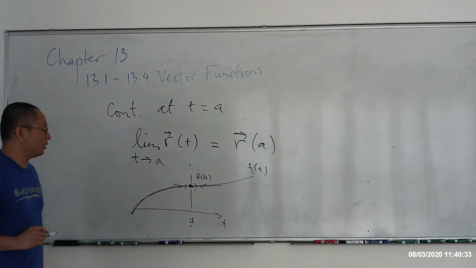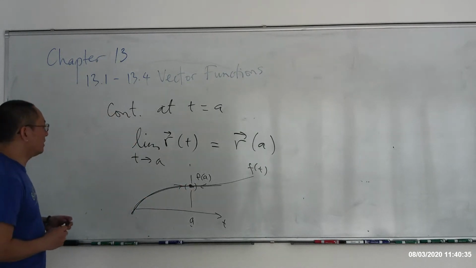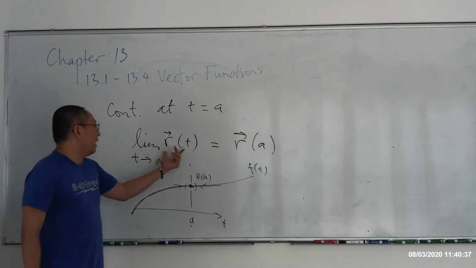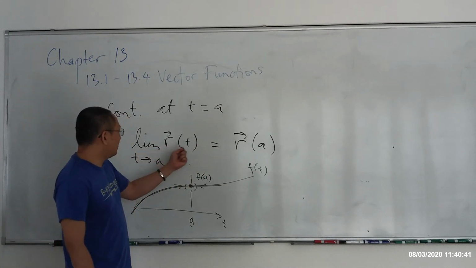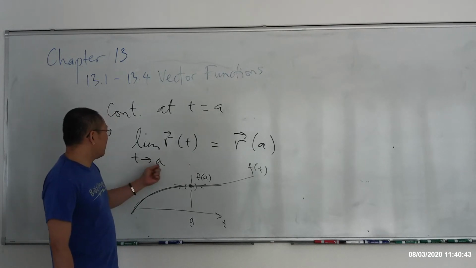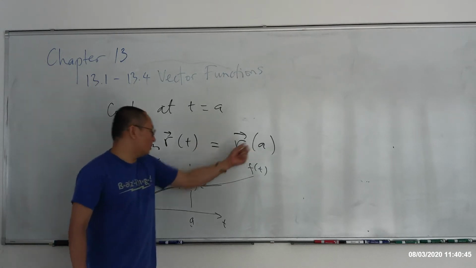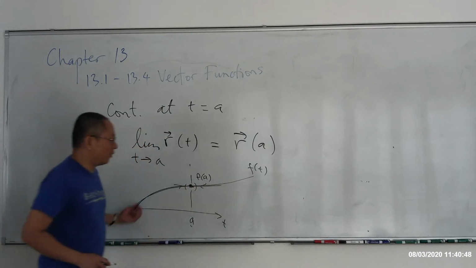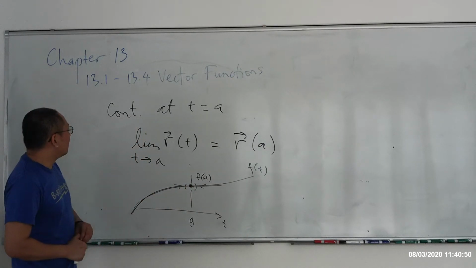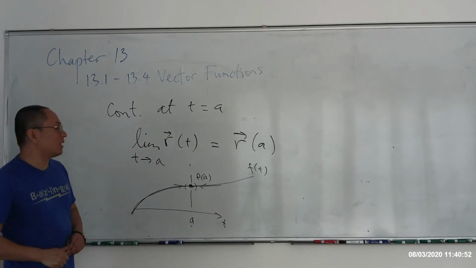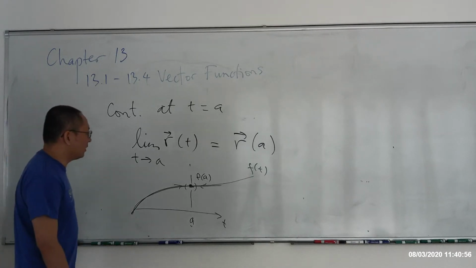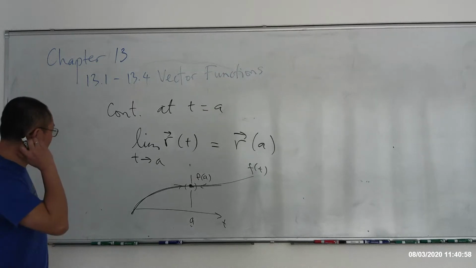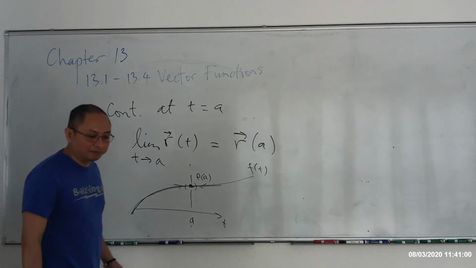In Calculus 1, we learned that a function is continuous at a point if the limit of the function as t approaches a is equal to the value at the point. It means it's a solid dot. And we just carry over to three-dimensional space. So it's not a new thing, and I don't want to go over this one more time. You can look up this definition again in the book.